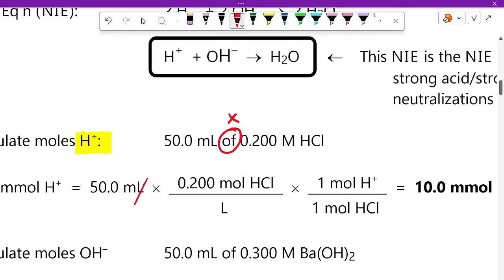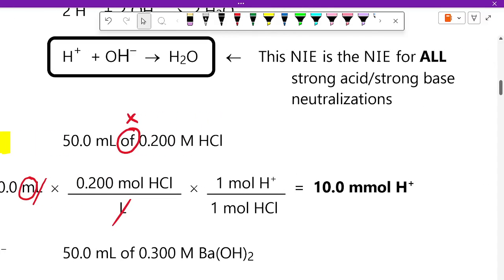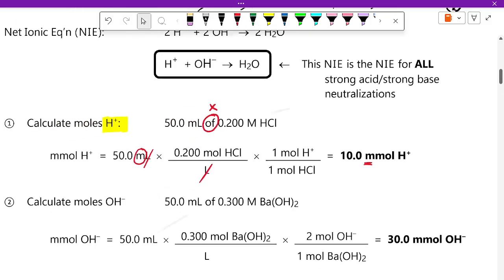Oh, and look, I did not change that to liters. So will I be finding moles or will I be finding millimoles? I'll be finding millimoles. If you feel uncomfortable with that and you want to leave it as liters and do regular moles, that's totally fine. Okay, but look what a nice number you get. 10, such a nice number. 10 millimoles of H+.